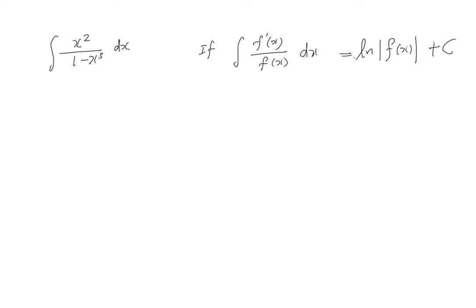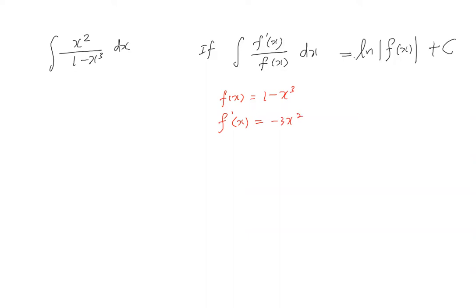I'm trying to create my top as my f prime x. So from here, I imagine my fx. So my f prime x should be negative 3x squared. But is there a negative 3x squared there? No. There is a 1.